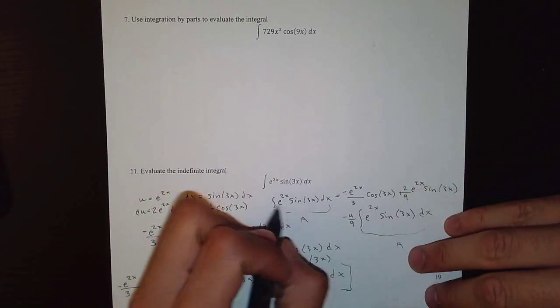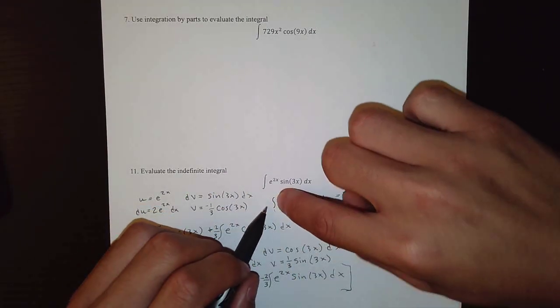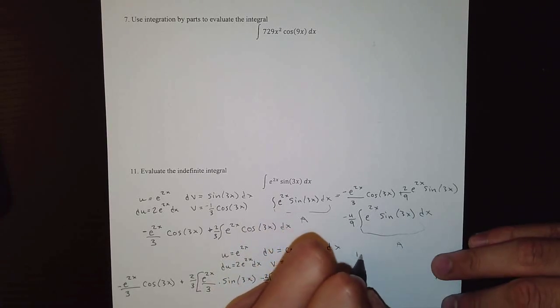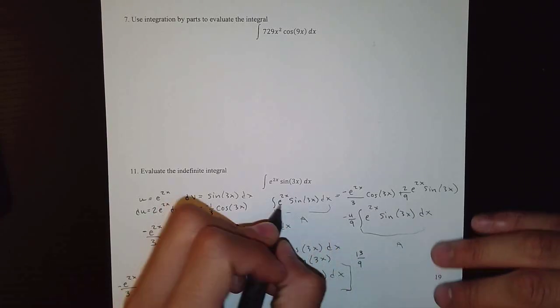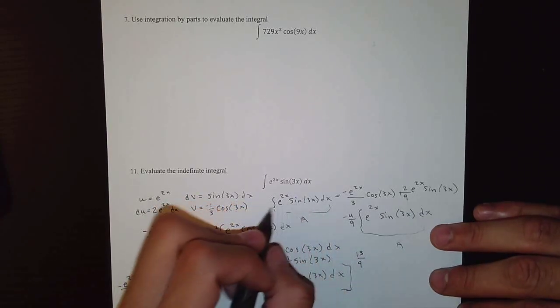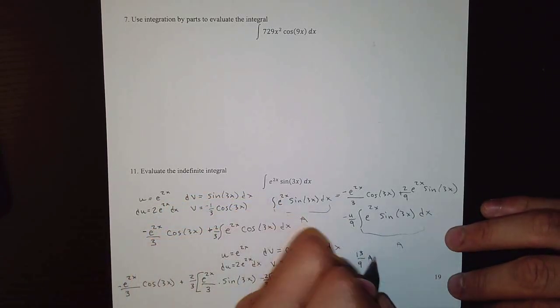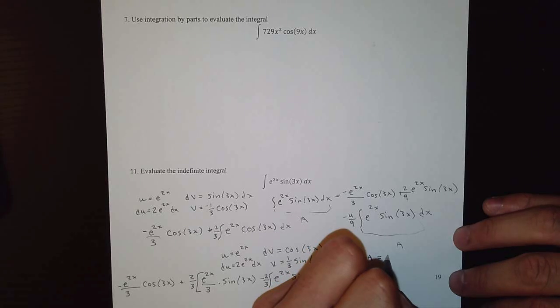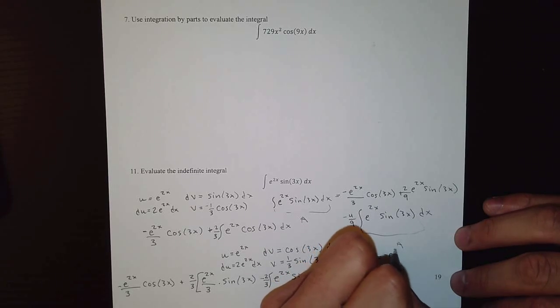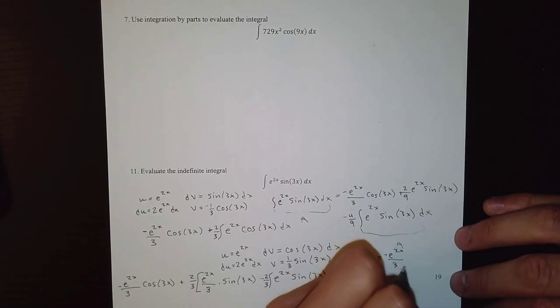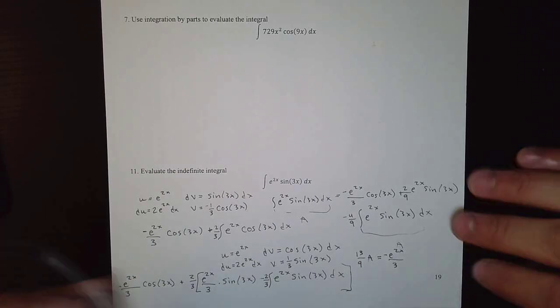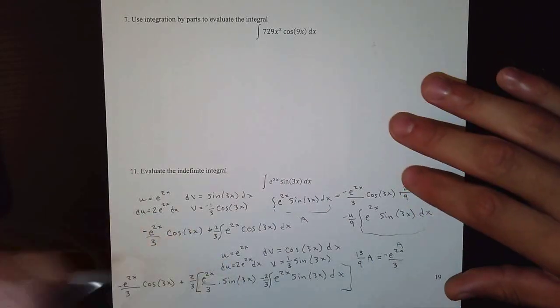And so we would have 4/9 plus 9/9, which would be 13/9 times this integral A, and this would be all equal to negative e to the 2x divided by 3.